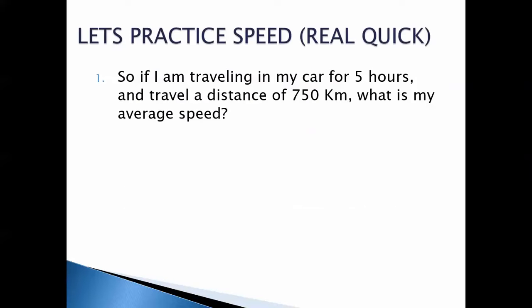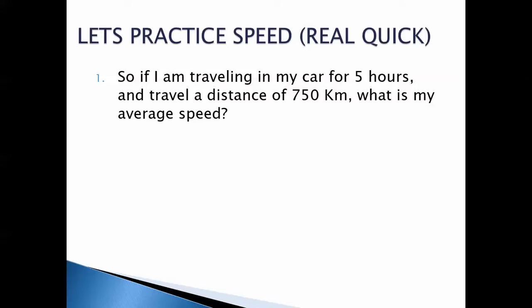So let's actually practice real quick. Practice problem number one says, if I'm traveling in my car for 5 hours and travel a distance of 750 kilometers, what is my average speed? Notice I put in there average because speed can be calculated as average, and it can also be calculated instantaneously. So when a police officer is using a radar gun to find out how fast somebody is driving, that's instantaneous speed at that exact moment.